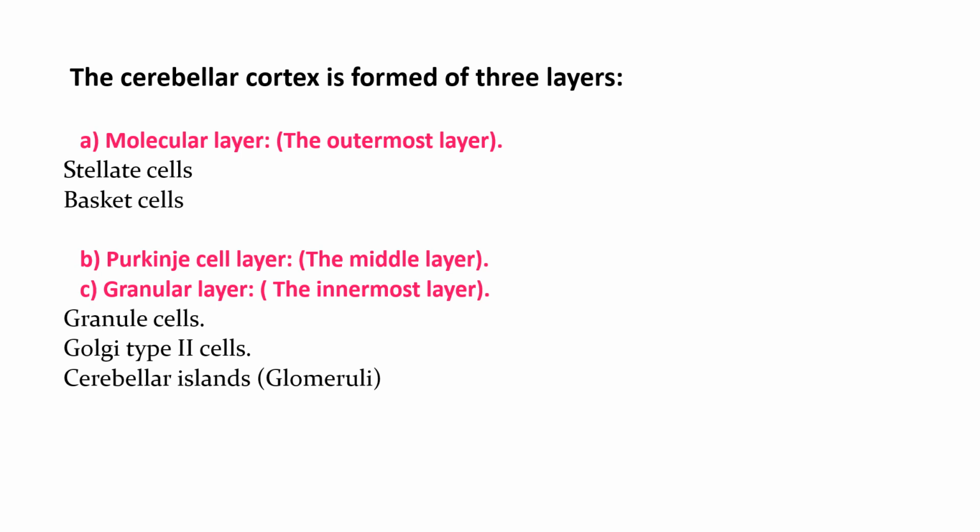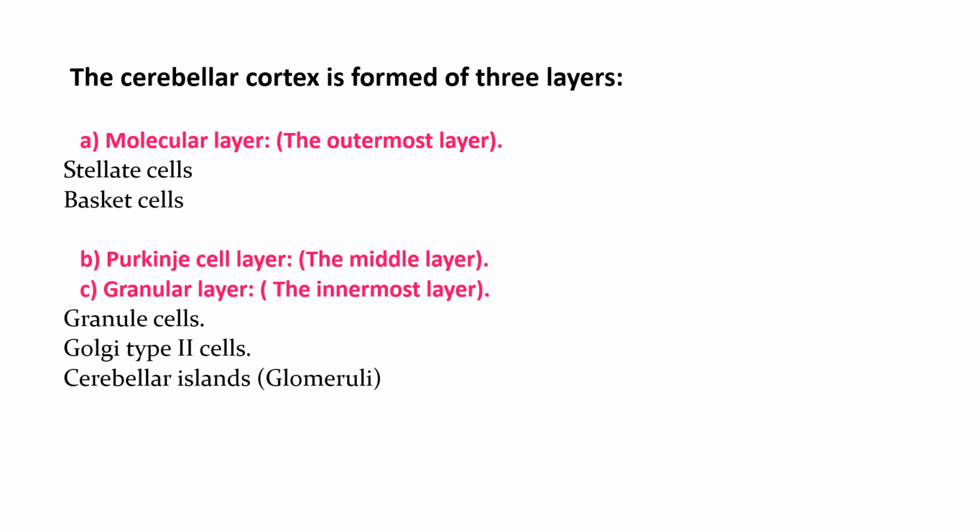As regards the second layer, it is called the Purkinje cell layer. As regards the site of this layer, it is the middle layer that is present between the outer layer, which is molecular, and the inner layer, which is granular. The third layer is called the granular layer, which is the innermost layer.